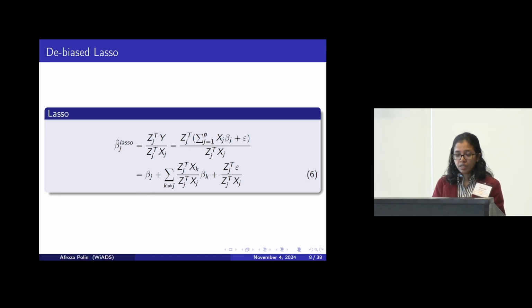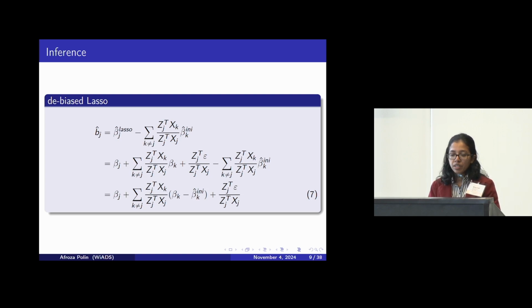So how can we get rid of this bias? If you can get an estimate of beta k which is asymptotically the same as beta k, and you subtract that one, that means you can reduce the bias. So that is called debiased lasso.